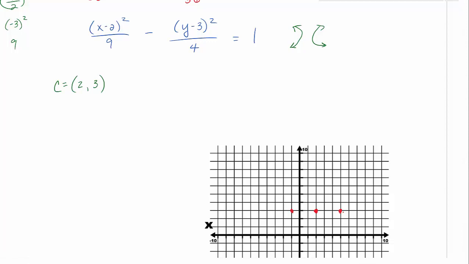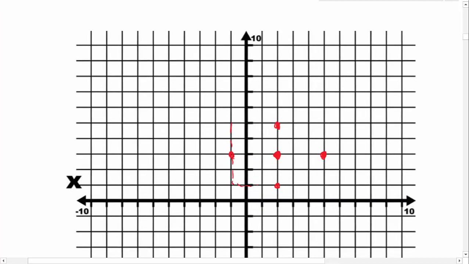Square root of 4 is 2. So we're going up 2 and down 2. And then we draw in our rectangle. We obtain our asymptotes by extending the diagonals of this rectangle.